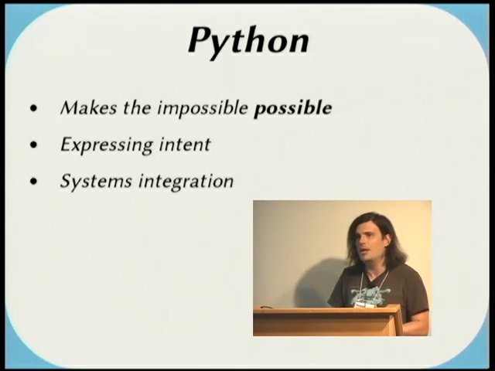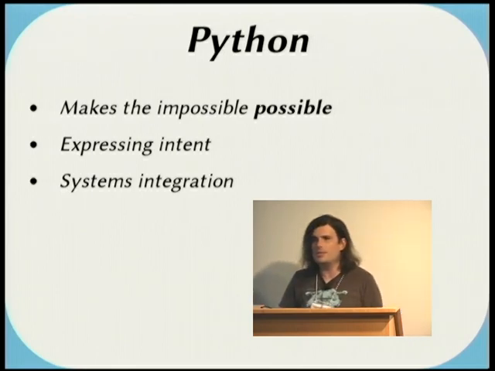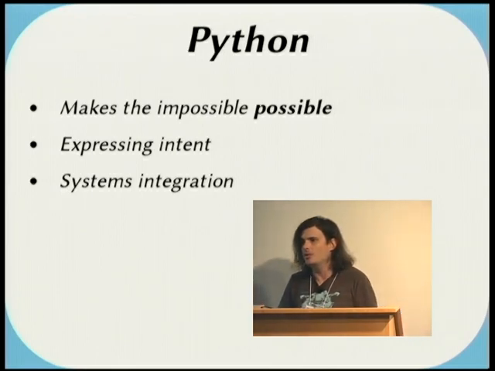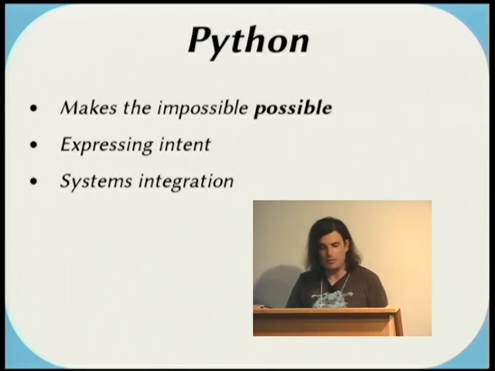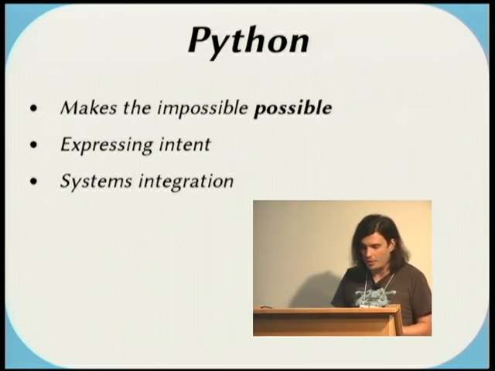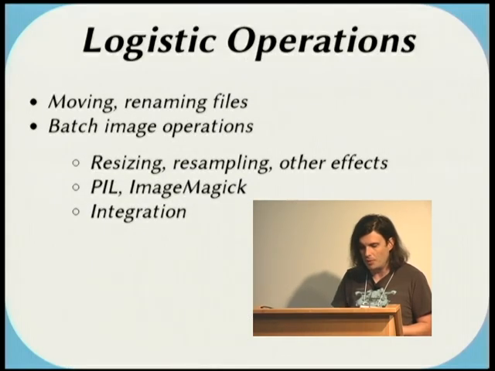Python allows you to do all kinds of things. The standard library is really great. And in general, it's a really great systems integration language. Connects to a lot of things, runs on a lot of systems, has a really great standard library. And yeah, so I think Python, at least for me, has been really great as far as producing video.